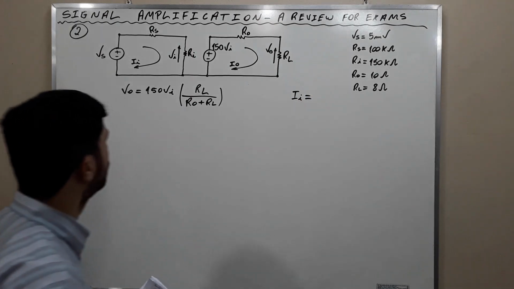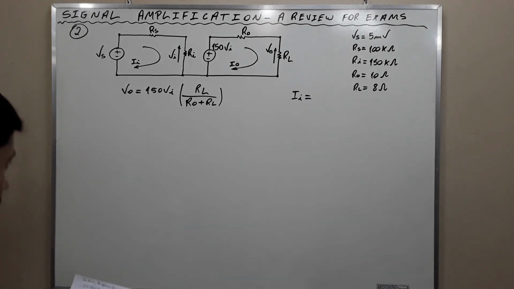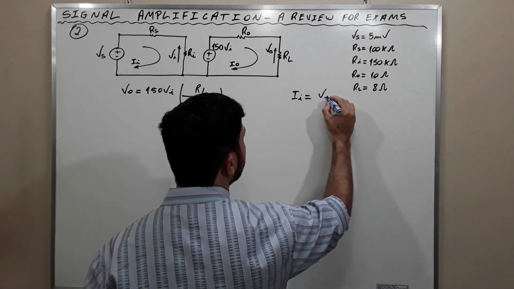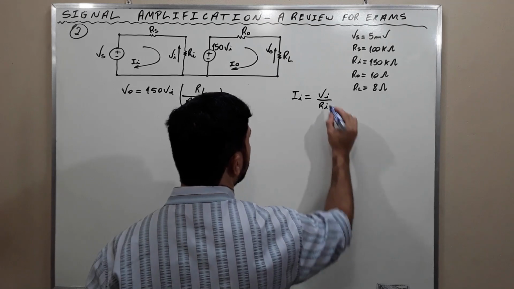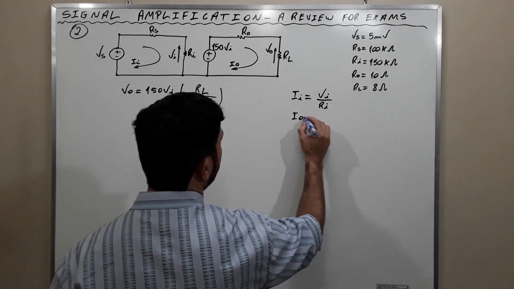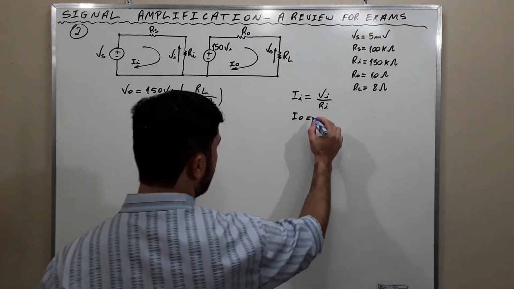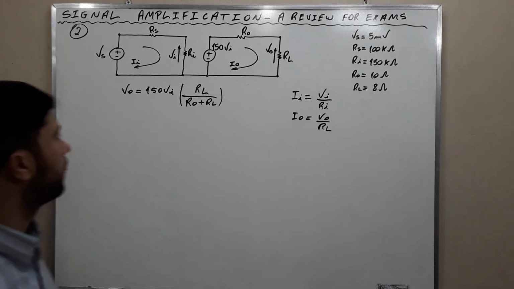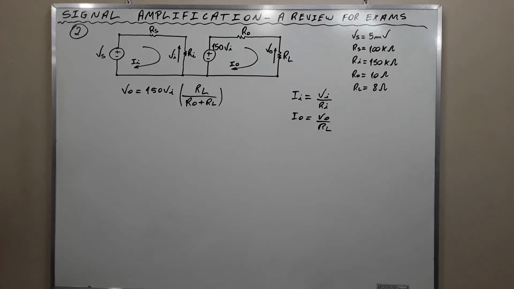II is equal to VI over RI, and IO is equal to VO over RL. After a little manipulation, we find the expression for the current gain in terms of the voltage gain.